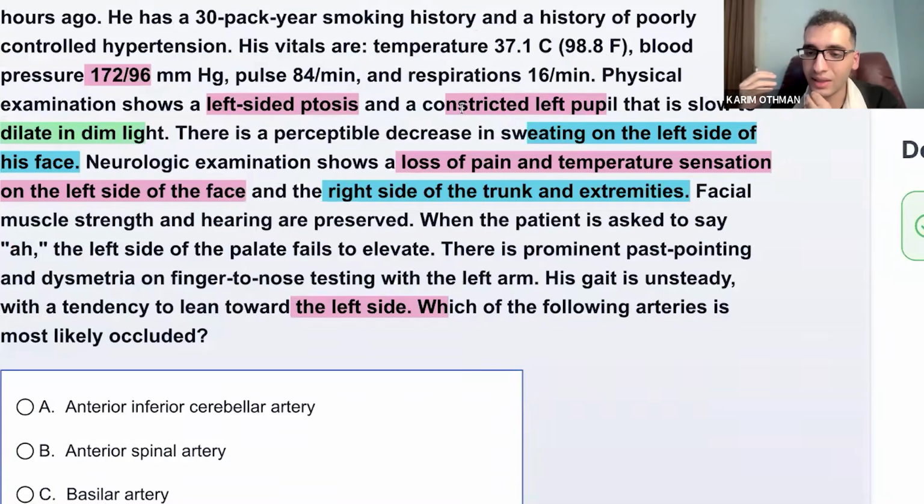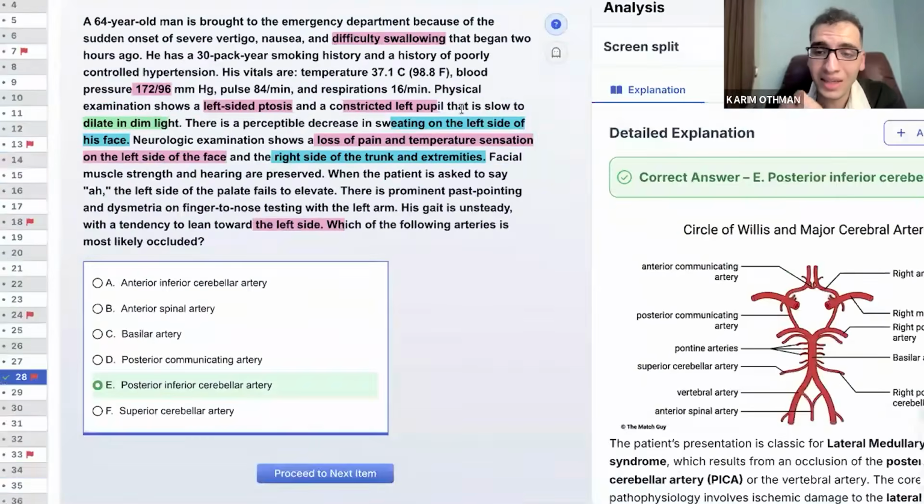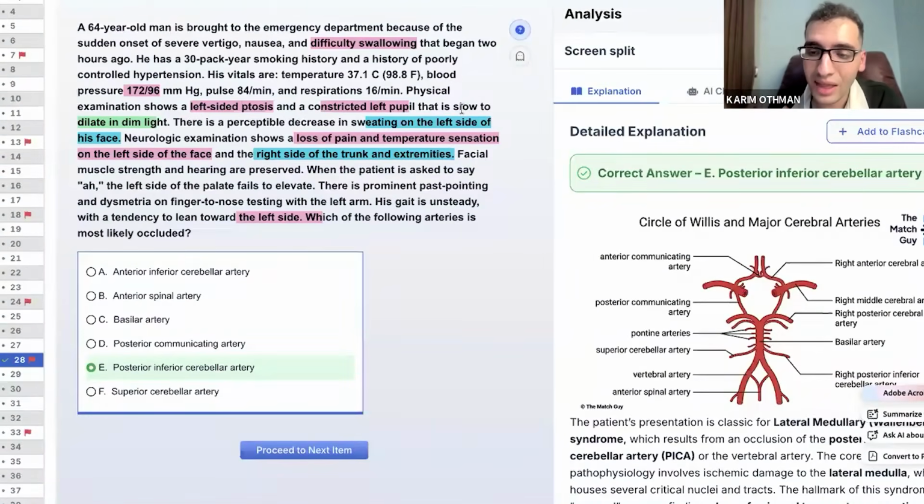I know the sympathetic pathway itself can be lateral, but this doesn't tell me if it's lateral medulla, lateral pons, or lateral midbrain. That's why I always tell students, focus on the cranial nerves affected, do not focus on the other tracts, like the sympathetic, the cerebellum, or the spinothalamic, because they will just tell you lateral or medial. They will not tell you the specific location itself.